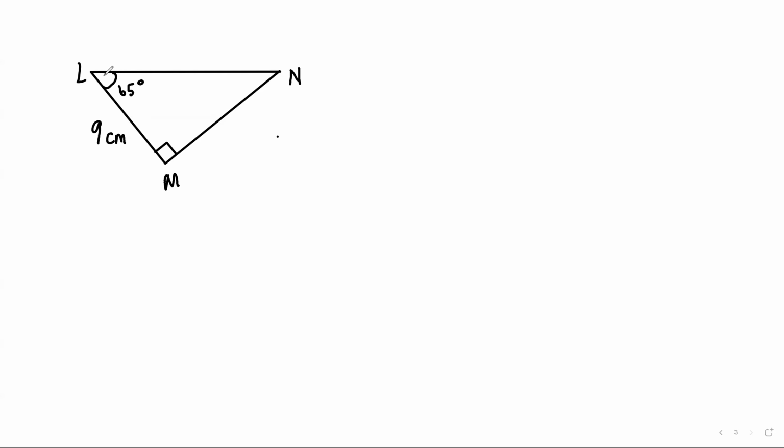Okay. And I want to find the side MN, right? So I'm going to do this with you and then I'm going to give you one to do, right? So we're going to find MN.